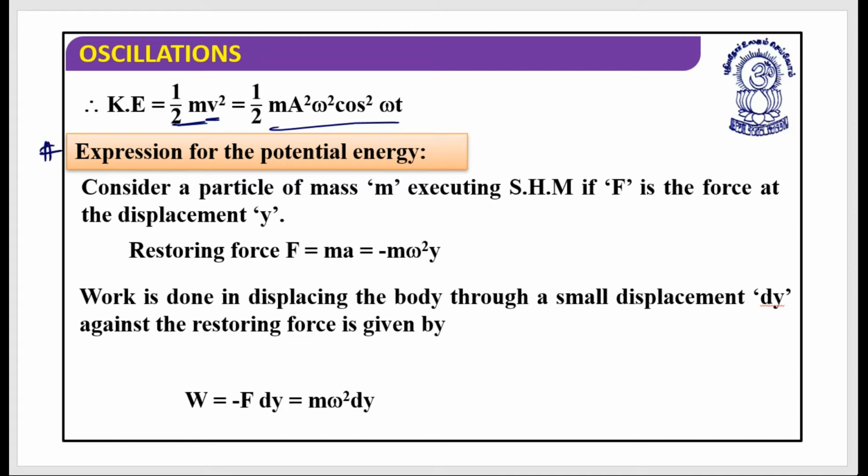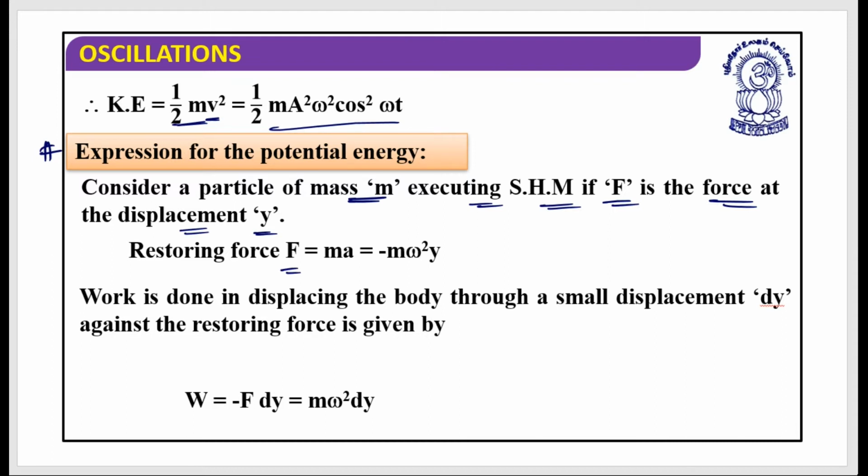Let's work out the expression for the potential energy. To define the potential energy, let's consider a particle of mass m executing SHM, and let's say F is the force and y is the displacement of this particle.